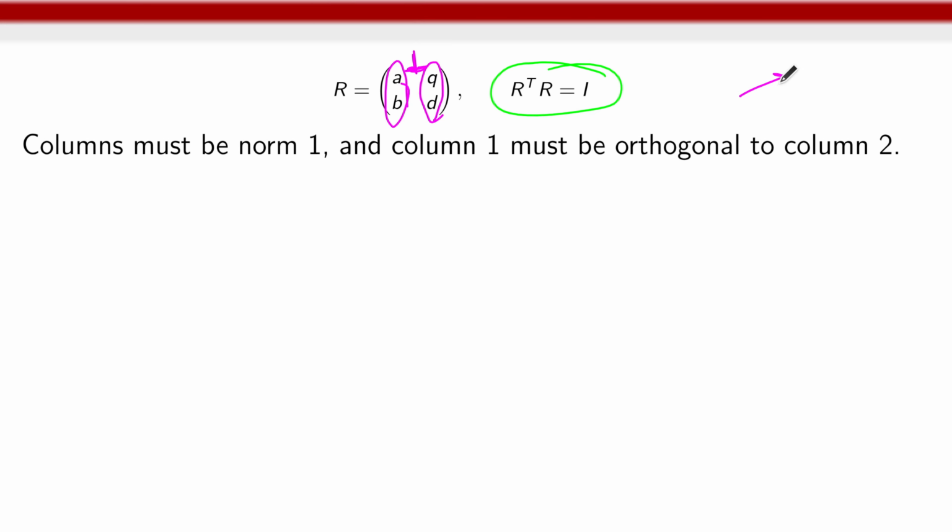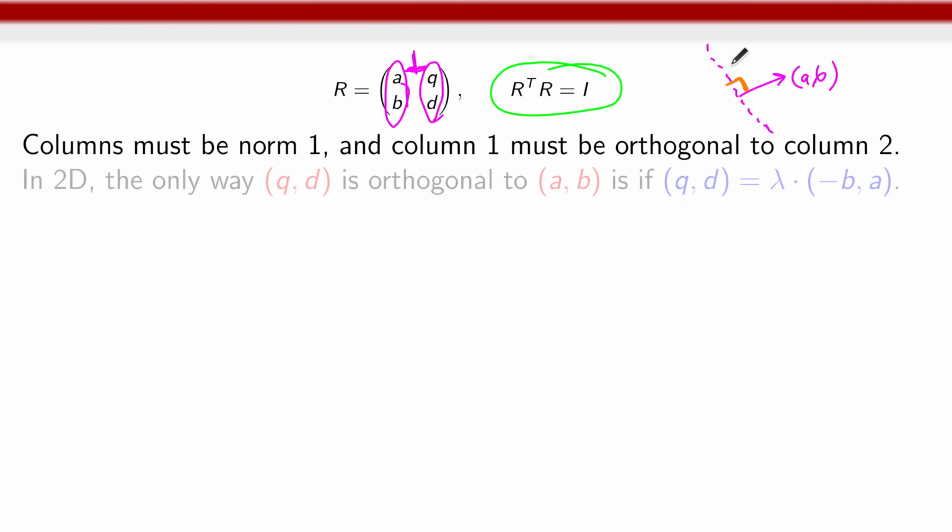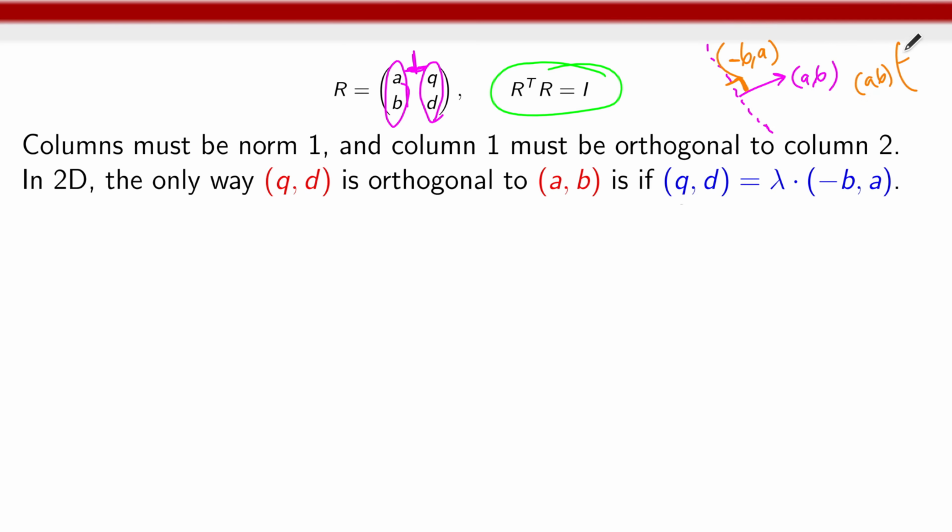Well, if this is AB, then the orthogonal line is minus BA and its multiples. Indeed, look at the scalar product, AB row times minus BA column, well, minus AB plus AB is 0. And then, of course, if I multiply minus BA times any lambda, I still get 0.